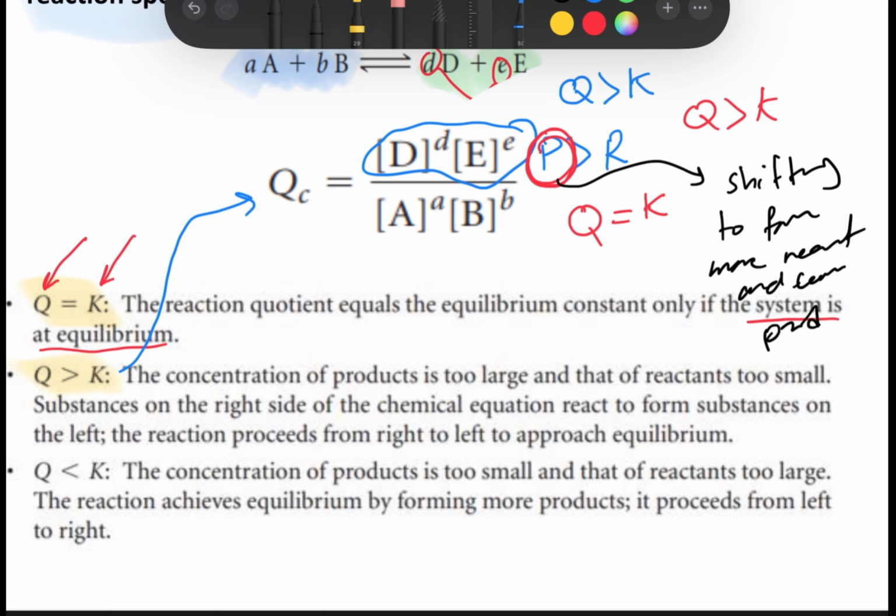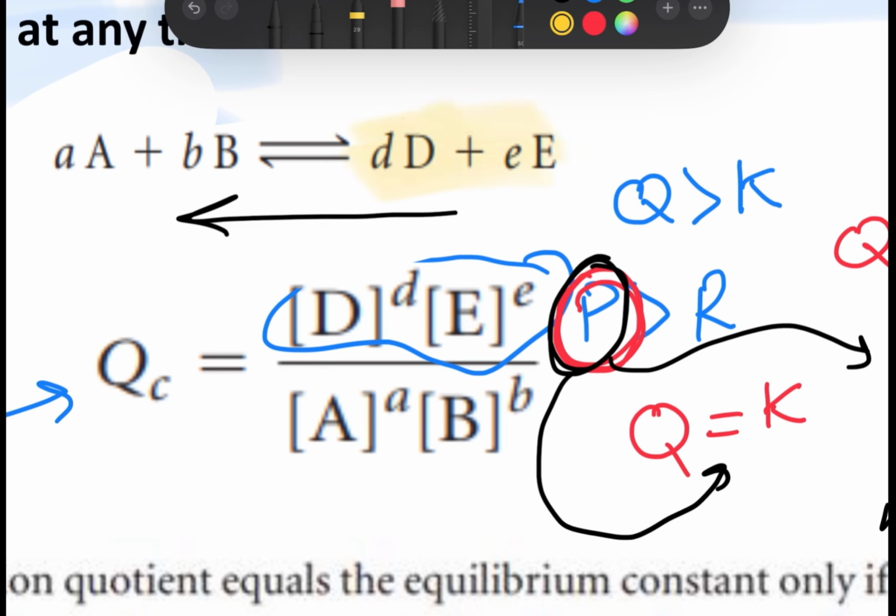So our target, in order to make them equal, is that the amount of the product must decrease. How does it decrease? By shifting the reaction to form more reactants. The products start to decrease to form more reactants, so the product concentration decreases and the reactant concentration increases.